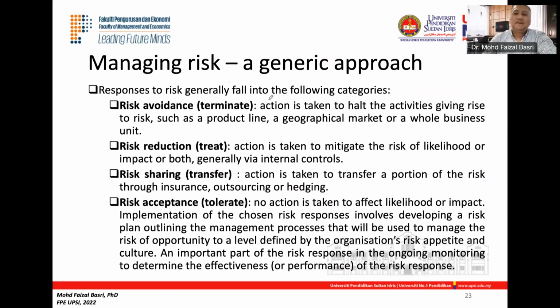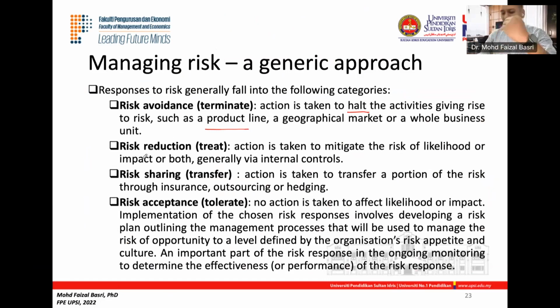We try to terminate the risk or avoid it altogether. You don't want that risk. So you halt or stop the activities, given it is such a high risk that the consequences are very, very fatal, for example, where the risk can affect the product line or the whole geographical market. So you need to stop altogether. You terminate it.